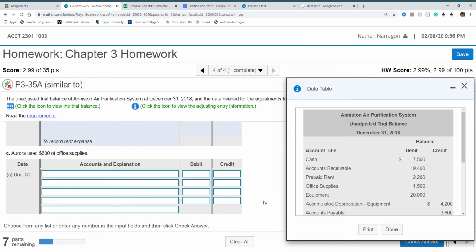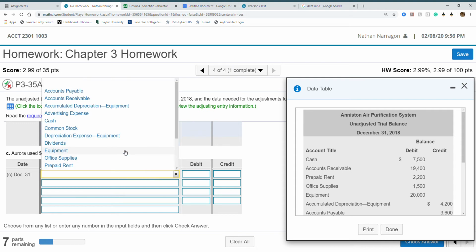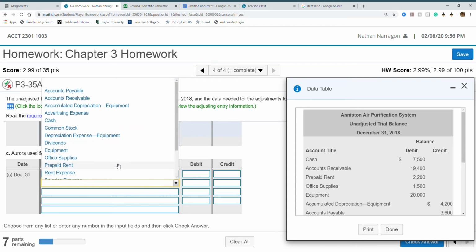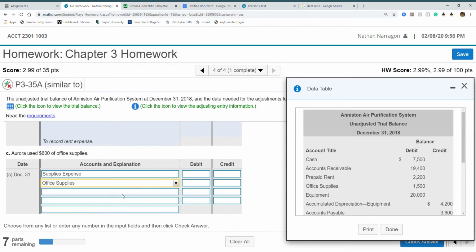And now we used $600 of office supplies. This is cool. It said used. This is not our ending balance because we used it. So we know our supplies expense is going to be our debit because again it's our sister account and expenses will always increase, while office supplies is decreasing.